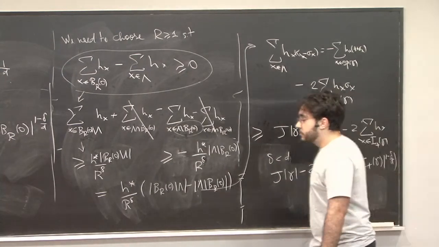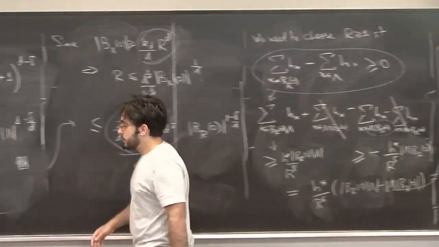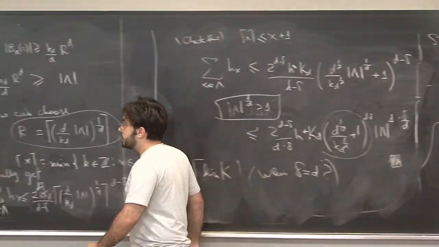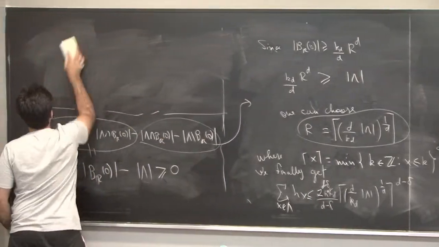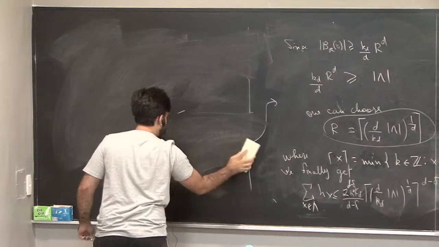And just to finish, we use the isoperimetric inequality that we talked about last class.